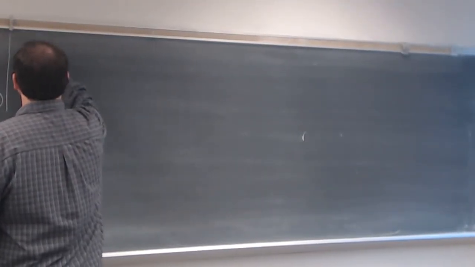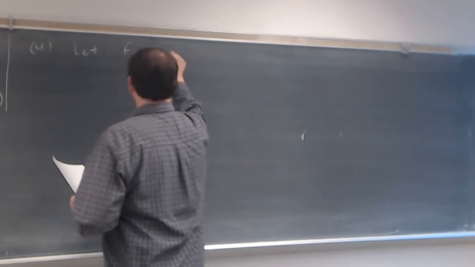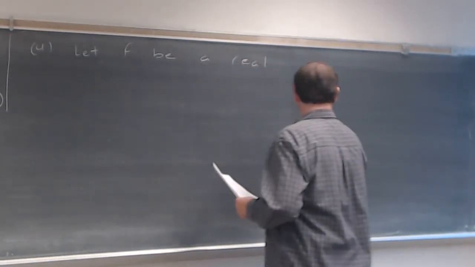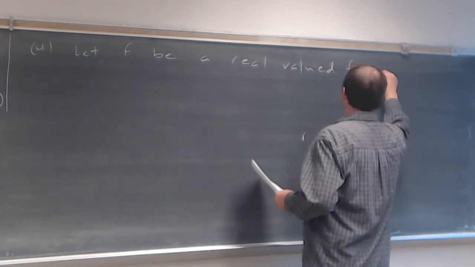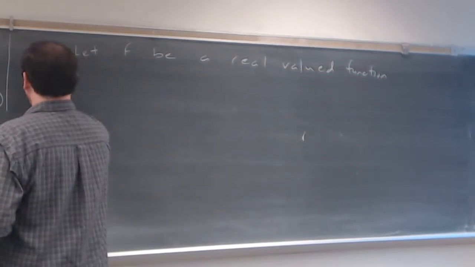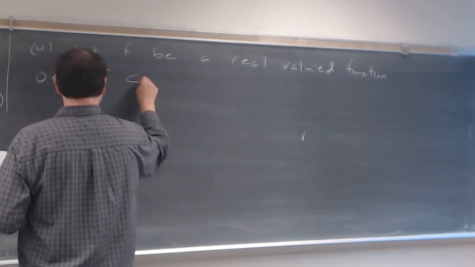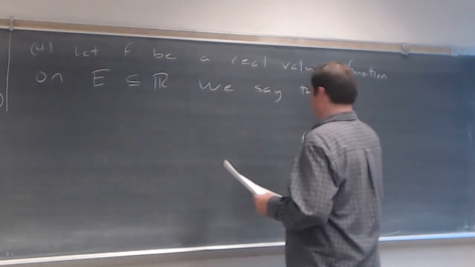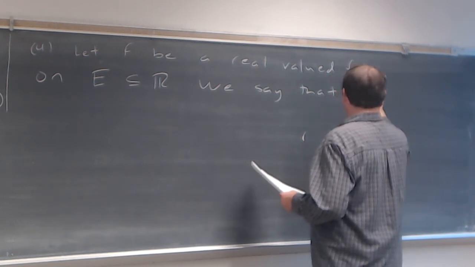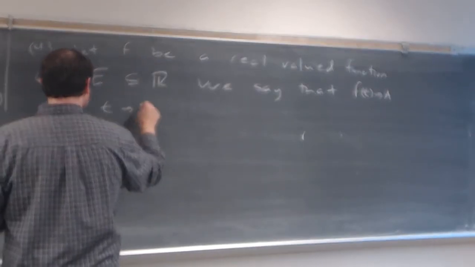The fourth thing I want to recall is if we let f be a real valued function on E, so it's defined on E, which is a subset of R. We say that f of t goes to A as t goes to x.